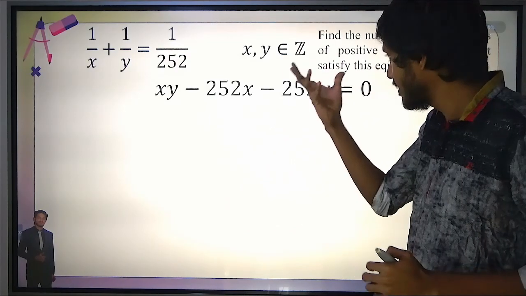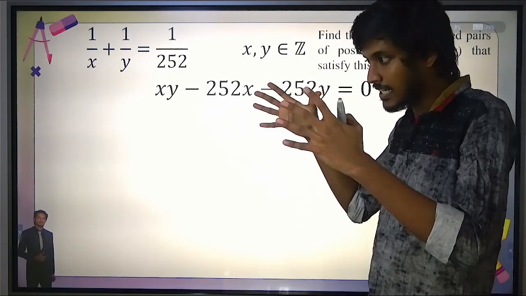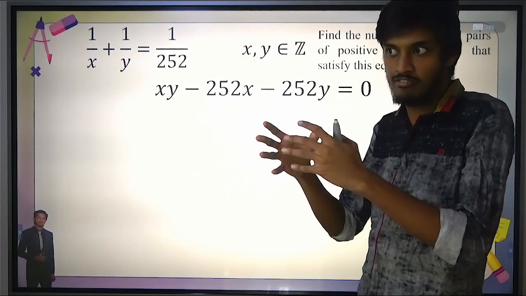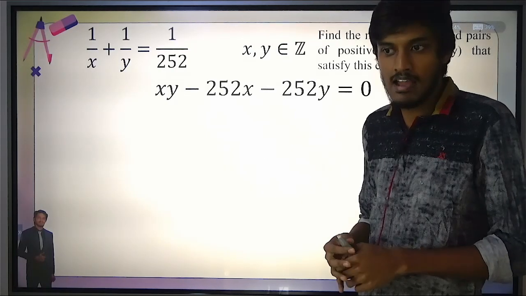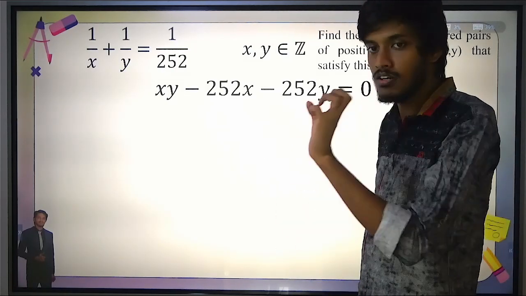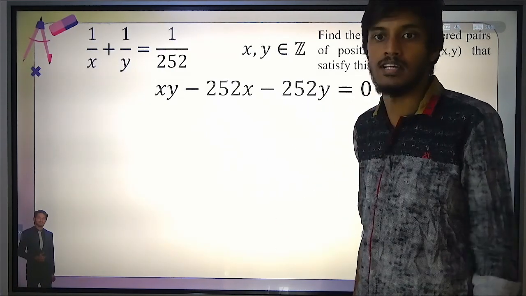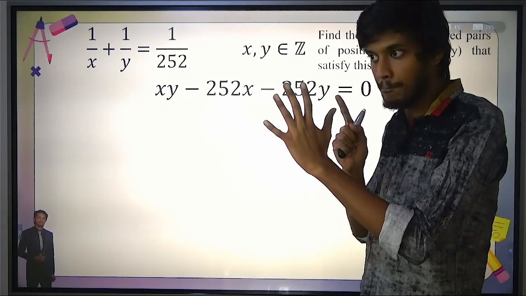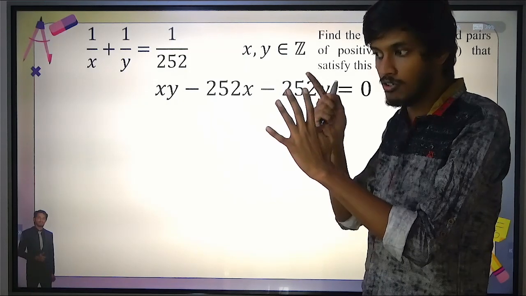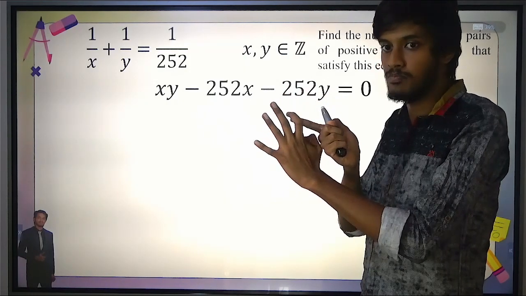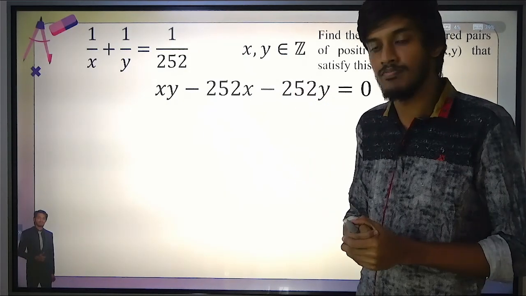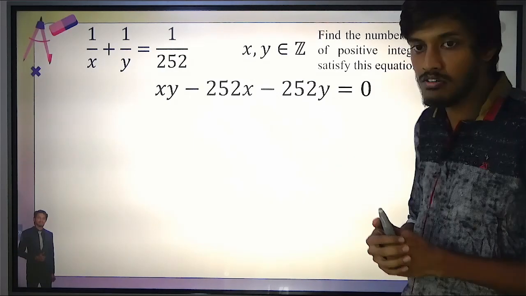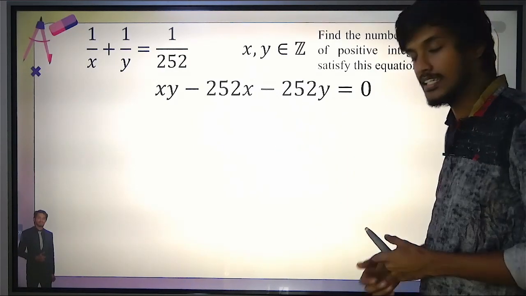Therefore, I should find a way to factorize this equation where the two unknown terms are separated. So, the equation should be converted to a product type of equation, and also the unknown terms should be separated from one another. To do that, I am going to factorize this equation in a certain manner.